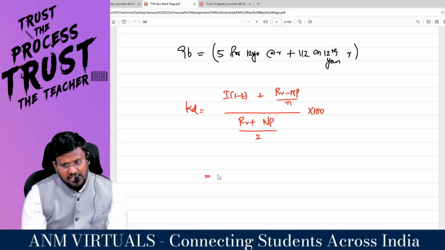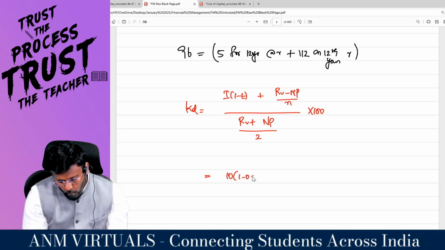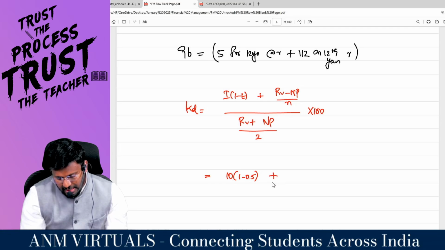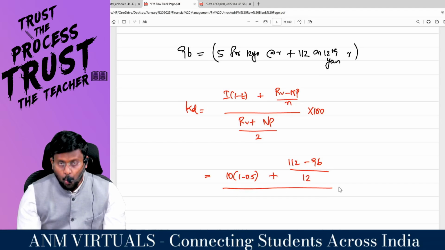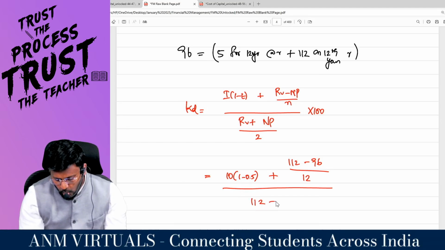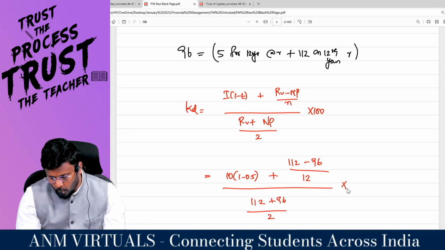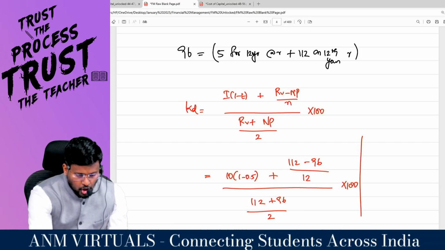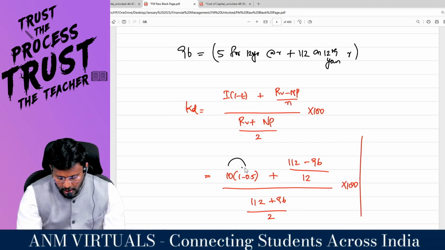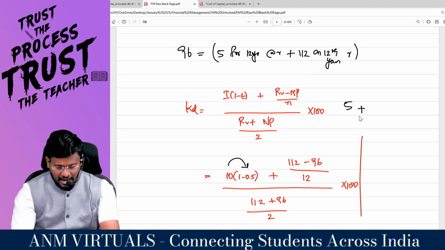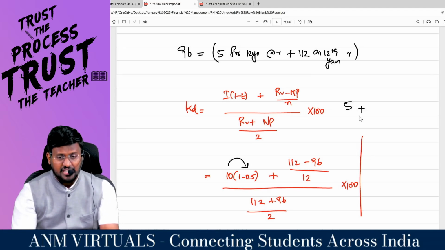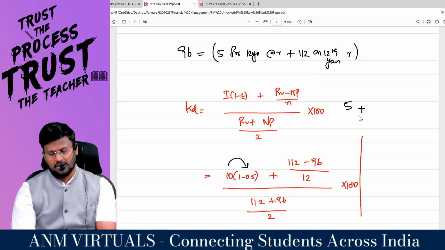Interest means 10 into (1 minus 0.5), plus RV 112 minus NP 96, divided by 12 years, whole divided by (112 plus 96) divided by 2, into 100. If we cut short this formula, 10 into (1 minus 0.5) means 5, plus basically 112 minus 96, there is a capital loss of 16 rupees.